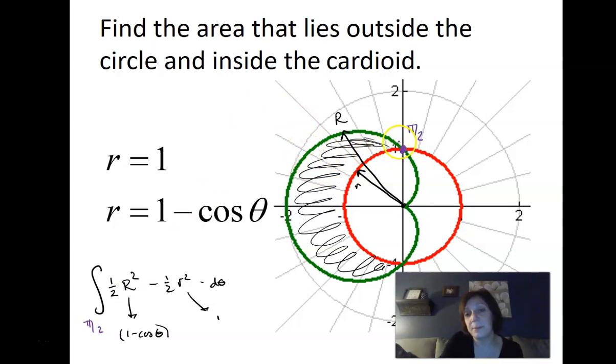Now let's follow it. If we go to pi, the circle's still at 1, but this guy now is going to be at 2, because the cosine of pi is -1. Now notice, you might be saying, lady, that's -2, right? True, but this point on the graph is r of -2, theta of pi, right?